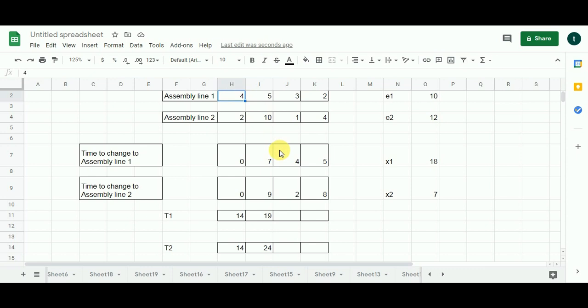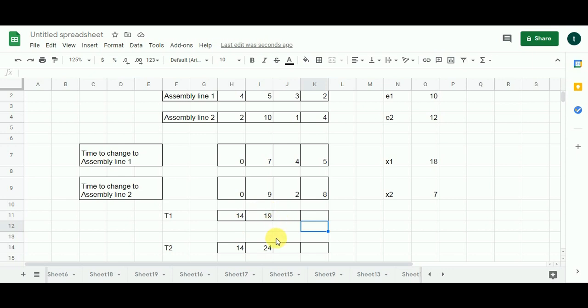That extra time will be 7. So it will be 14 plus this 10, 24, plus 7, so it will be 31. Now this 24 is less than 31, so I am eliminating 31. And thus I have solved two of my subproblems.